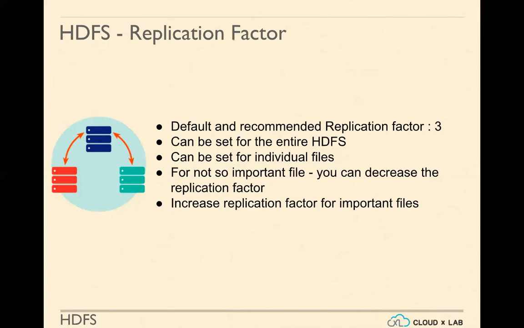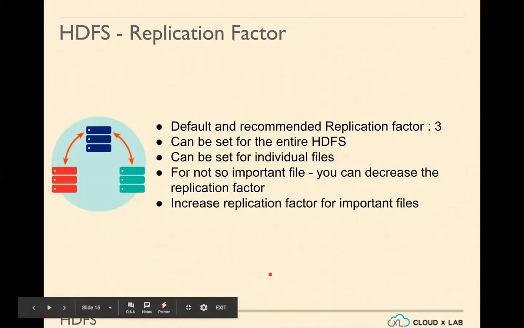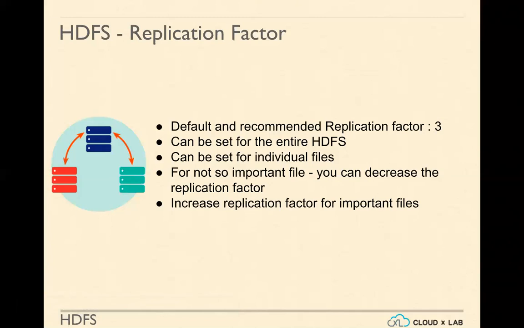Therefore, if one node goes down and a particular file has a replication factor of 1, and one of its blocks was kept on the node which has gone down, the chances of data corruption are higher.